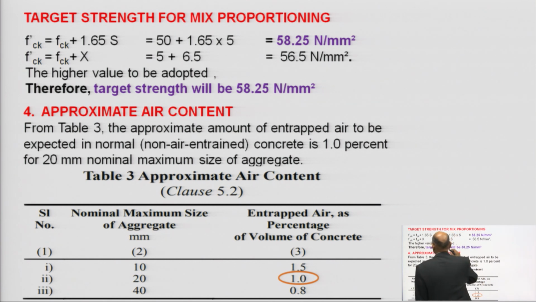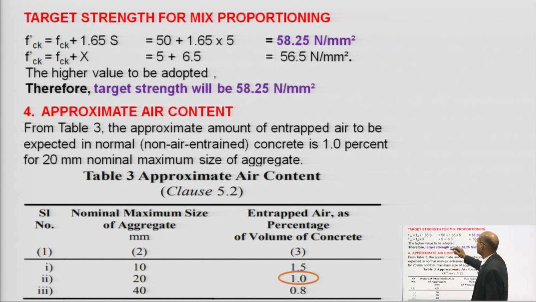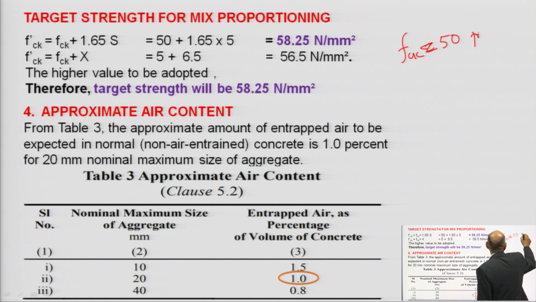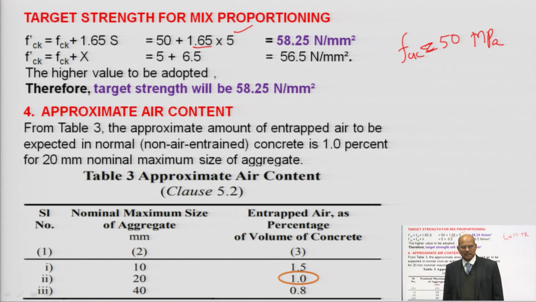So, we have just calculated F'ck; it is M50 grade concrete. The characteristic strength of M50 grade concrete is 50 MPa, meaning 50 Newton per mm square. The K value, the statistical constant, is 1.65, and the assumed standard deviation is 5, because at the initial stage we may not be able to have the exact value of standard deviation.